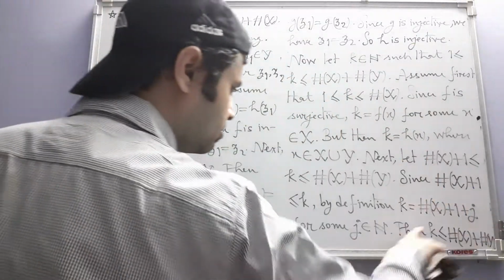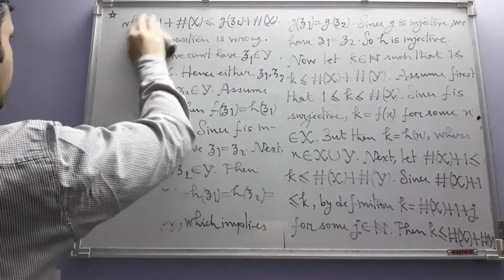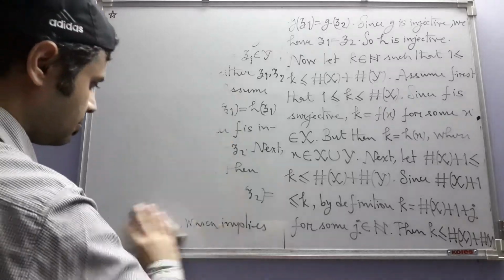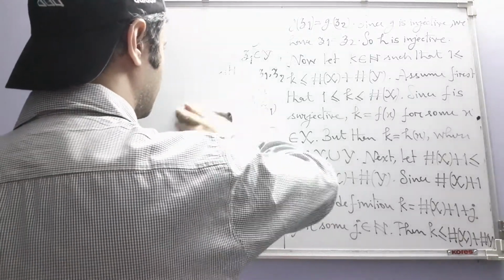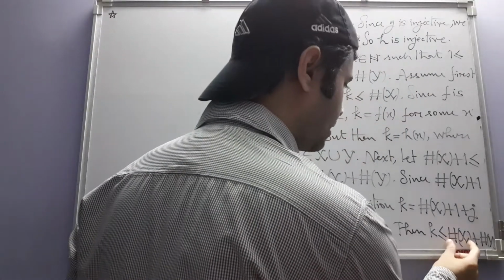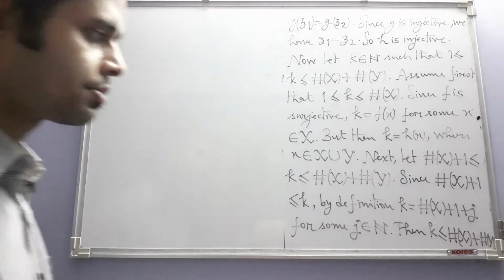If you substitute this expression here and use the laws of inequality that we have already proved in the system of natural numbers, you can cancel the cardinality of X from both sides.